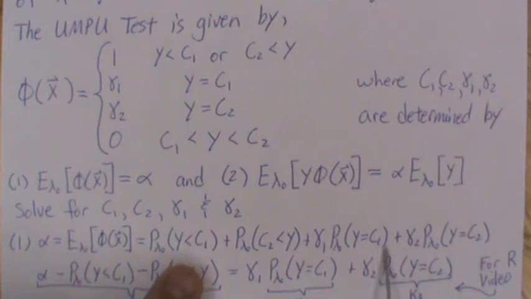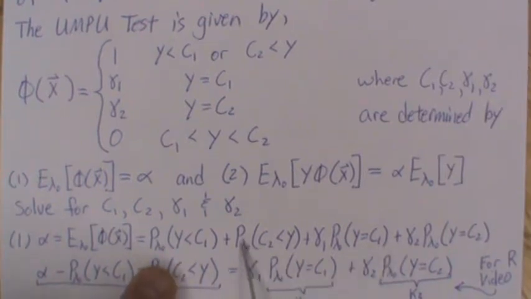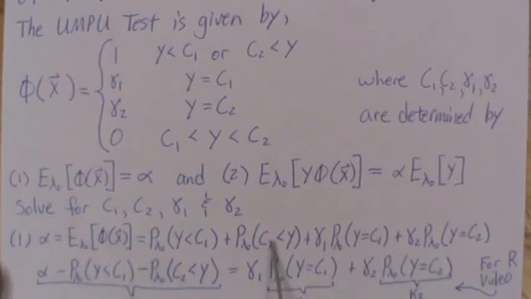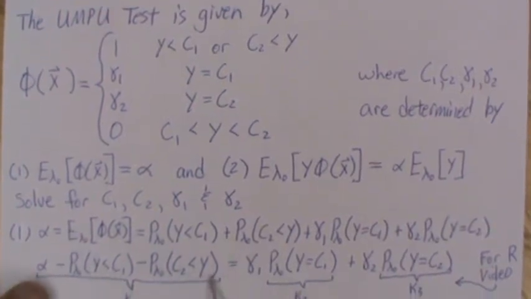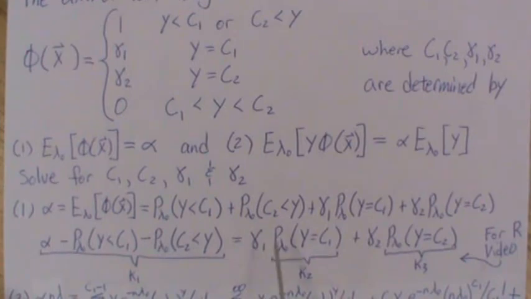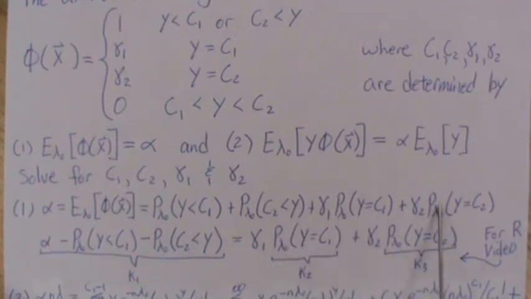Each time we're assuming that the true lambda parameter is the null hypothesized value, lambda naught. Now we subtract these to the other side. That's what we get here. And then this comes down.